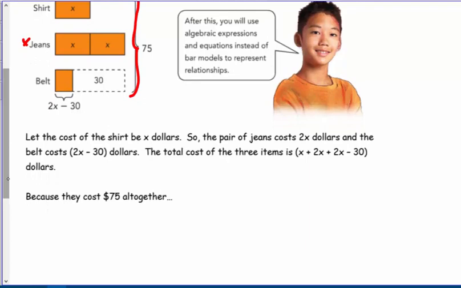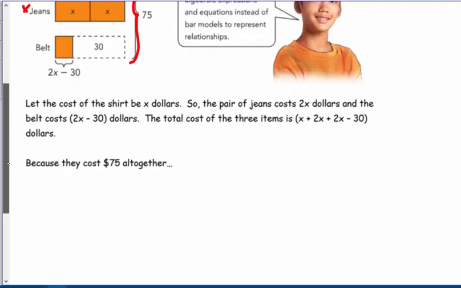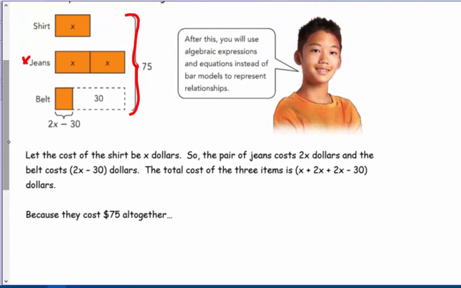But you could also use an algebraic expression to do that, because altogether they cost $75. I could add my x for my shirt, my 2 x's for my jeans, and my 2x minus 30, the little orange part here, for my belt, since it's $30 less than the cost of the jeans.